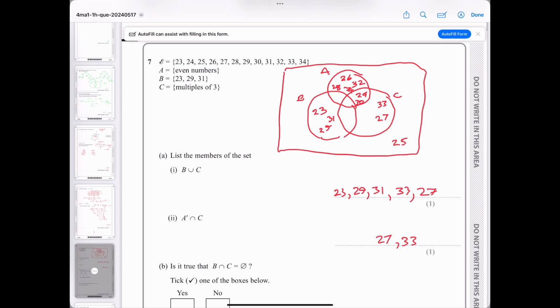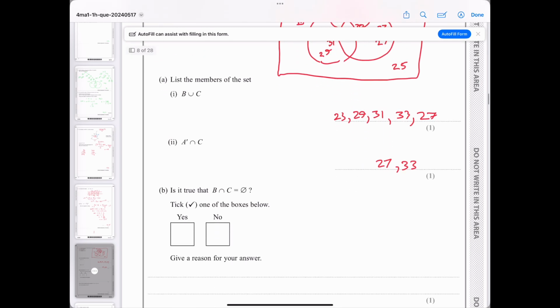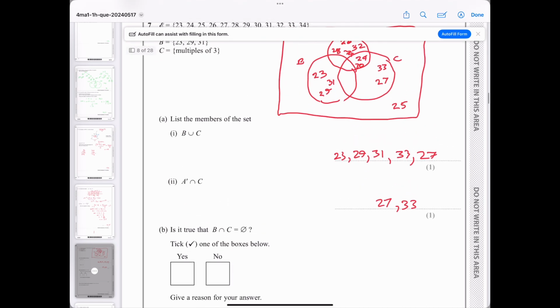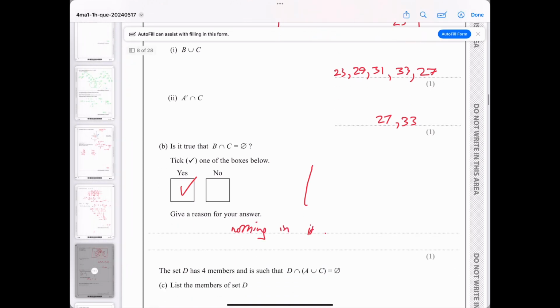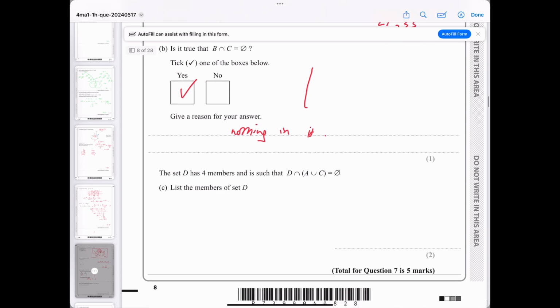And it says, is it true that the intersection of B and C is null? Yes, because there's nothing in it. They share no members. There we go.